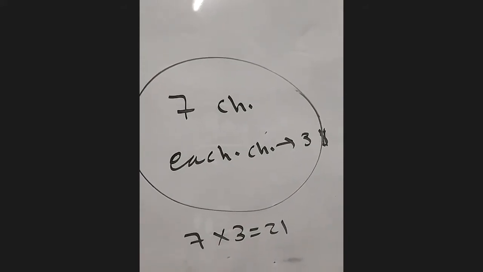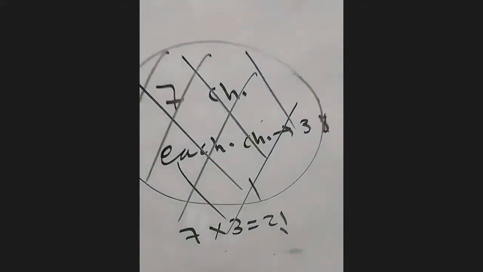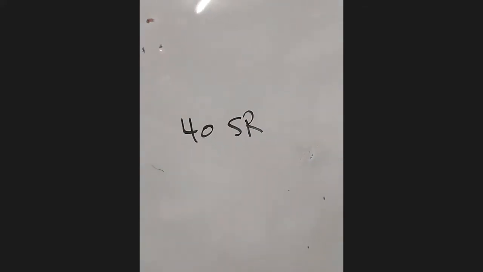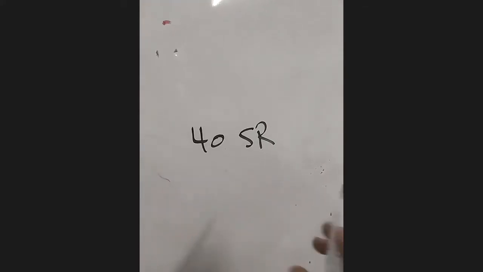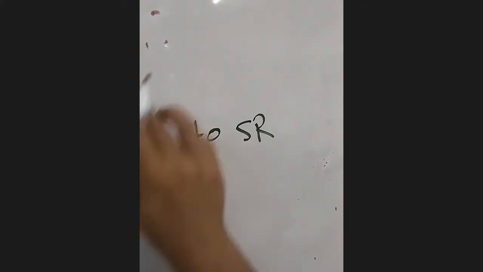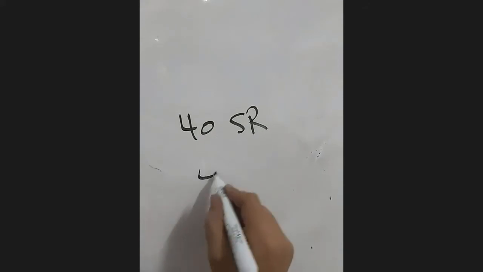Right. Other situation now, look here. If the total money you have is 40 riyal, and you want to buy chocolates also, the price of each chocolate is, let's say, 4 riyal.